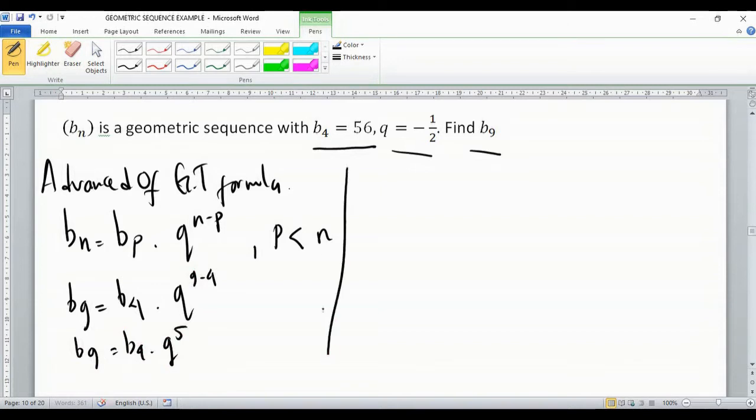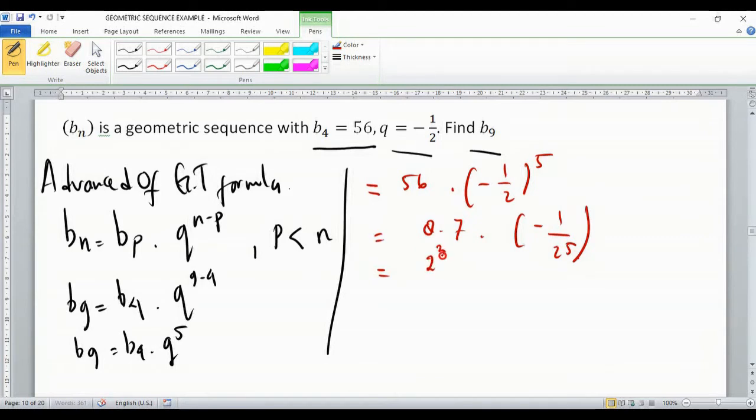Okay, and then from here, we can substitute: b4 is 56 times minus 1 over 2, to the power 5. 56 is 8 times 7, times minus 1 over 2 to the power 5. 8 is 2 to the power 3, right? 2 to the power 3 times 7 times minus, over 2 to the power 5.